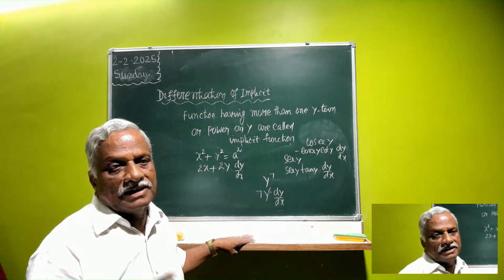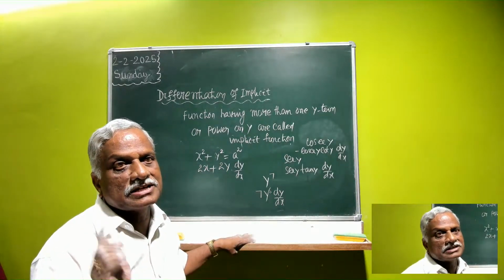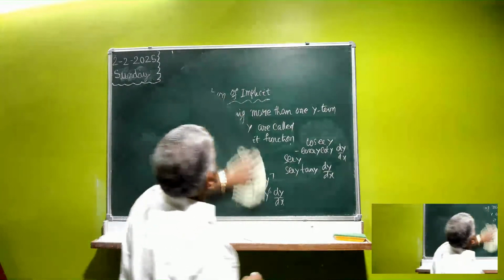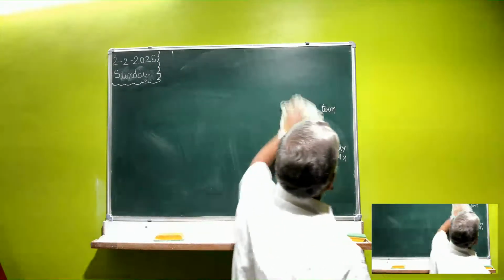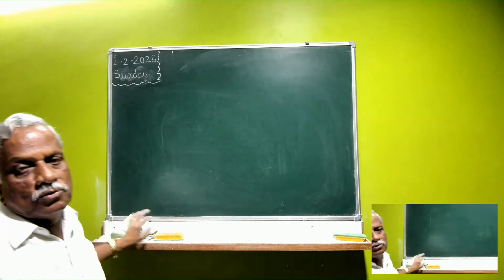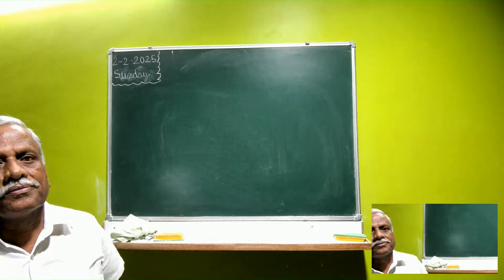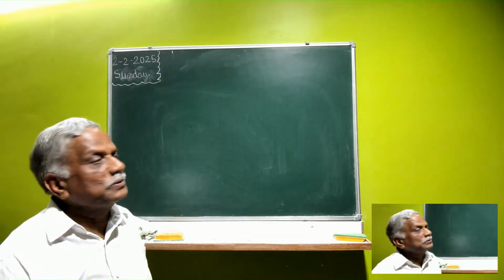Remember why we are writing dy by dx? Because differentiation is done with respect to x. So let me now work some problems based on this. So I repeat, any function which has got a power on y or more than one y term is called an implicit function, and the procedure after that.